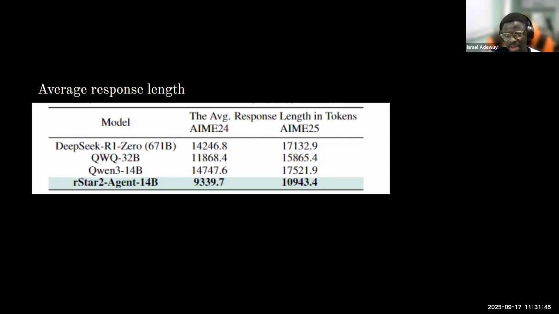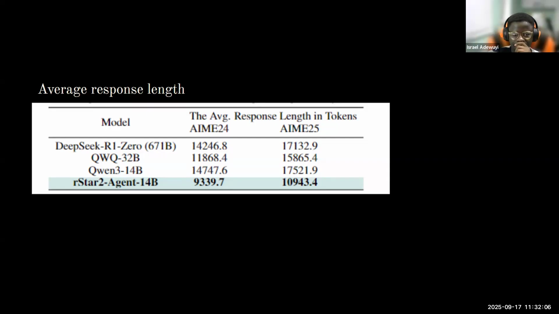And based on the way I interpreted the paper, this was due to, number one, the non-reasoning SFT, which kept the initial response length short, and the resample on correct, where the positive responses that are reinforced are those that, on average, have shorter lengths because, on average, they make fewer mistakes.